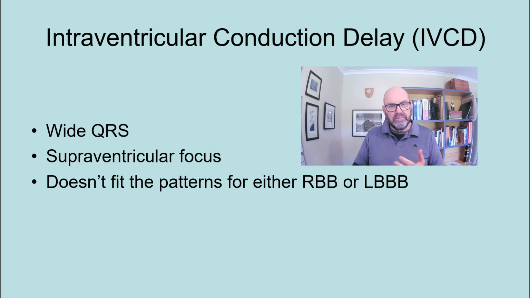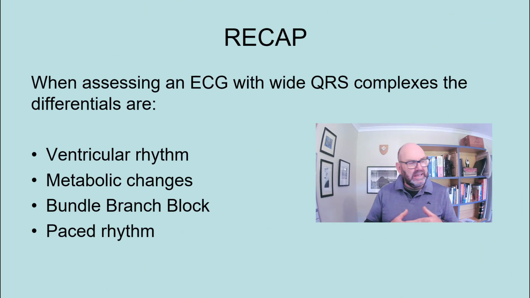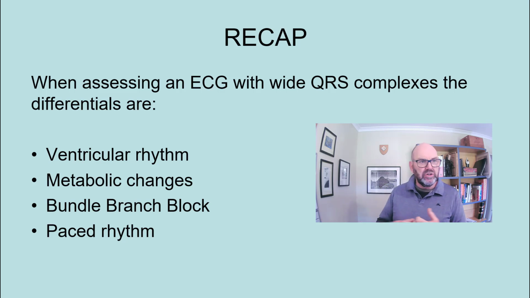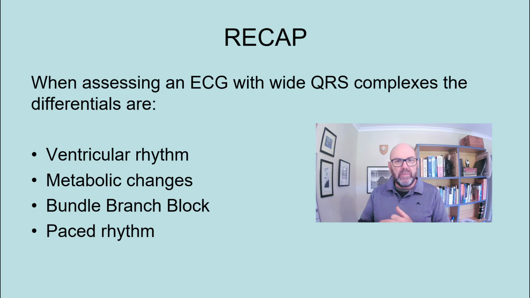We know that the rhythm is supraventricular in focus, that a wide QRS is indicative of a conduction delay, and we can't classify it as either left or right-sided. So we give it this title, IVCD. So that brings us to the end, almost, anyway. So our recap: when assessing an ECG that's got wide QRS complexes, the differentials we should consider, first and foremost, is a ventricular rhythm.